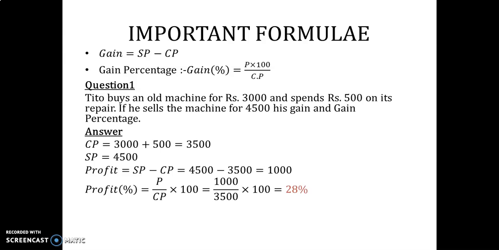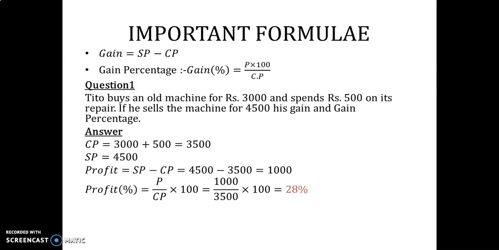The first question is: Tito buys an old machine for Rs 3000 and spends Rs 500 on its repair. If he sells the machine for 4500, find his gain and gain percentage.